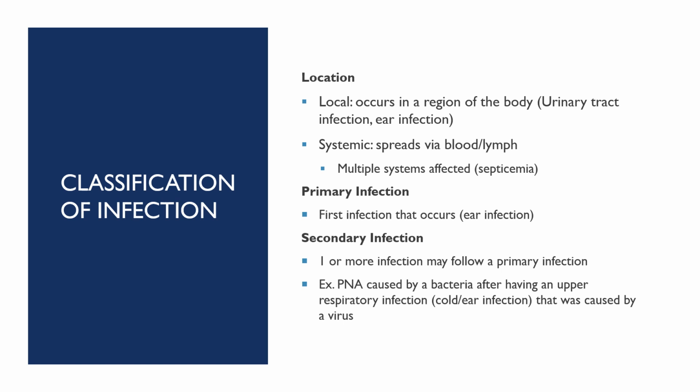A systemic infection spreads through the blood or the lymph nodes. This is multiple systems affected. Septicemia is a symptomatic systemic infection that spreads through the blood. People die from being septic. Then there's bacteremia.